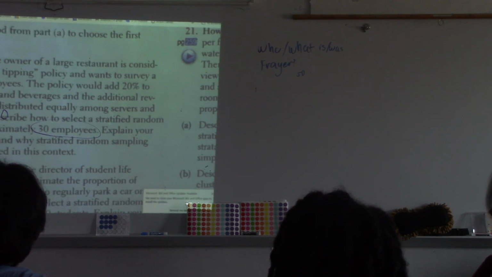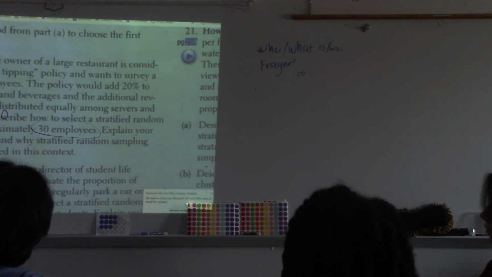Label each server from 1 to 60, label each kitchen staff member from 1 to 30, randomly generate 20 numbers from 1 to 60, randomly generate 10 numbers 1 to 30, select the people associated with those numbers. Or you could do 1 to 60 and 31 to 90. That's another option. Alright, so something like that.